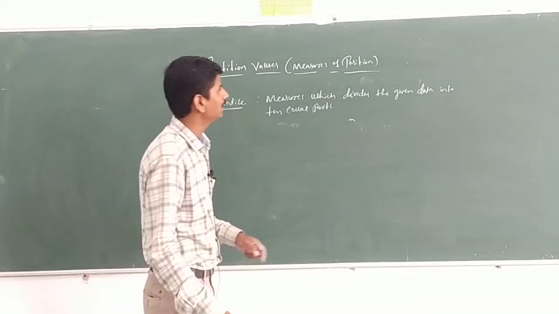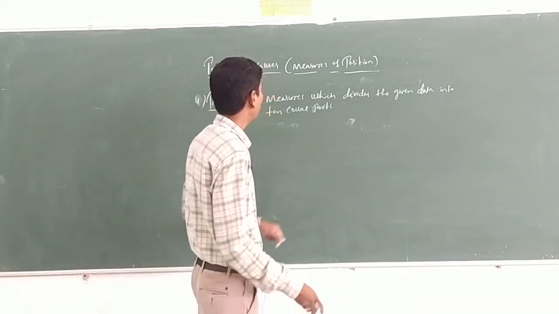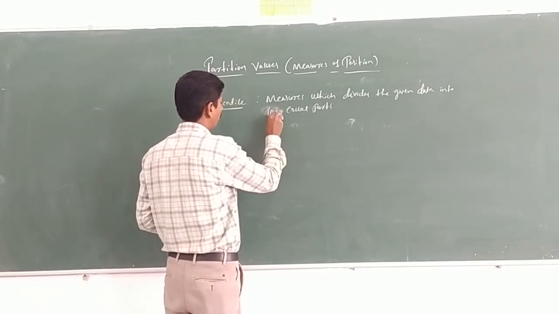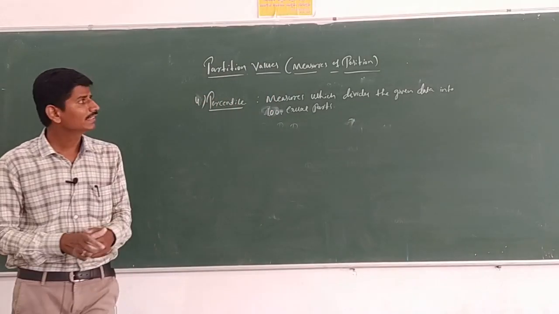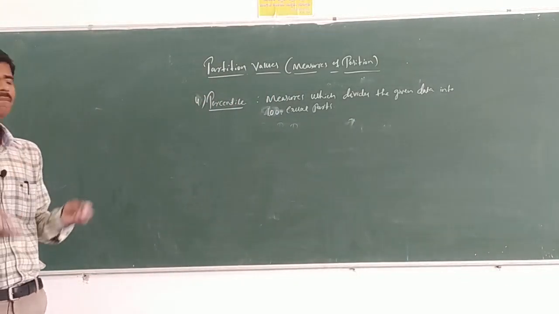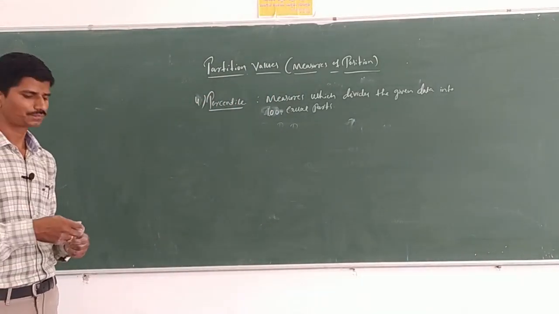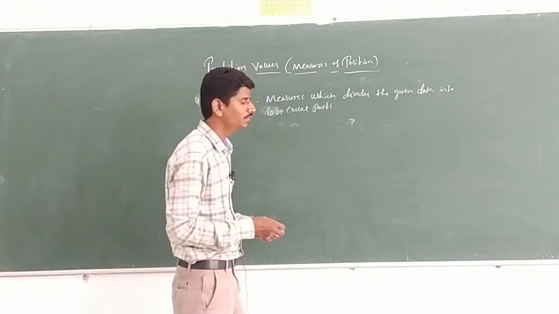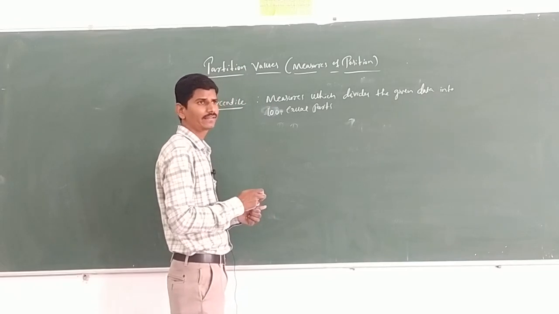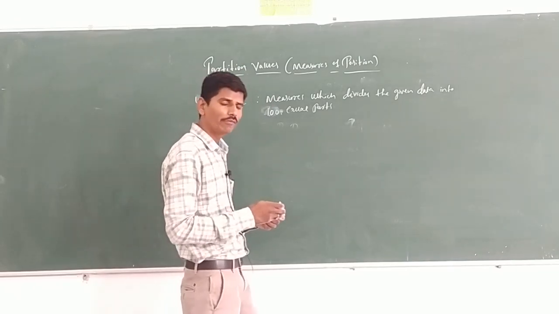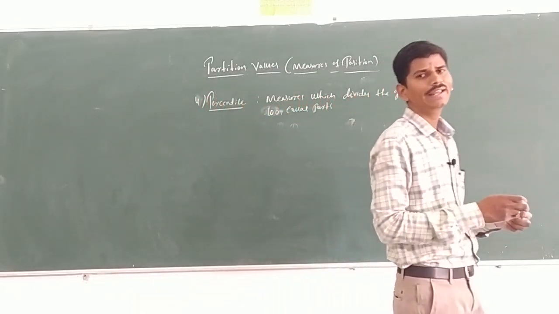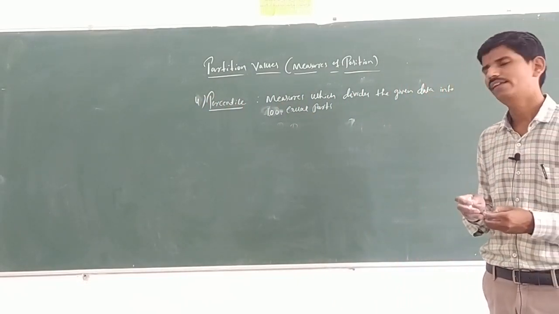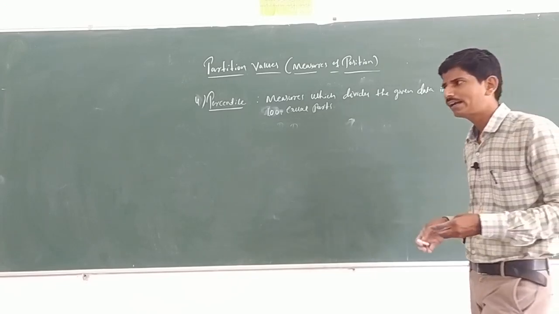Measures which divide the given data into 100 equal parts are said to be percentiles. There are 99 percentiles which divide the given data into 100 equal parts.